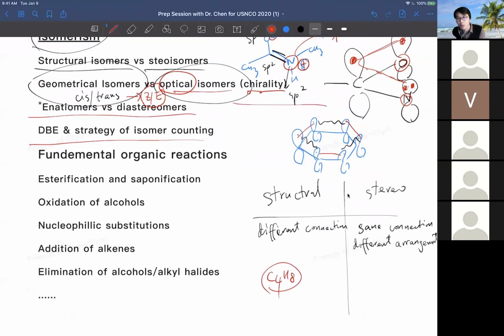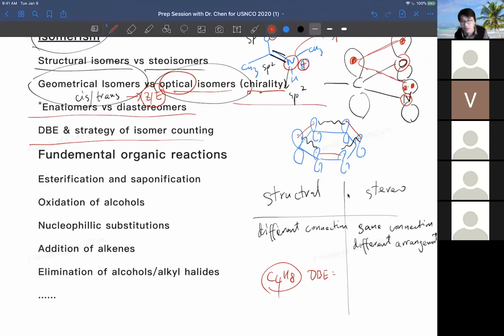Typically, we always start from structural isomer and then think about the stereoisomer. Some of you get 4, some of you get 5, some of you are still working. So I want to tell you the first step for you to analyze the isomers is to calculate the DBE.